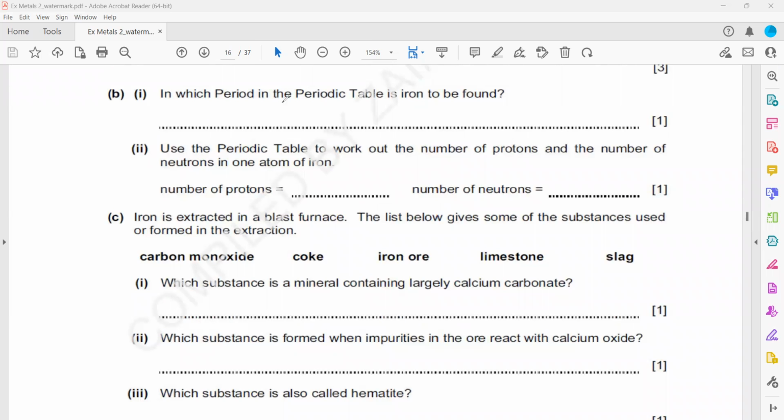In which period of the periodic table do we find iron? The horizontal rows represent the periods.